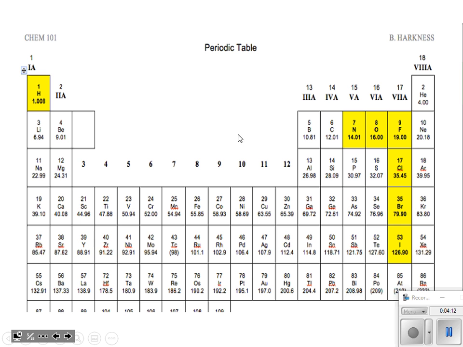Okay, so these make a 7. Boom, boom. And also, there are 1, 2, 3, 4, 5, 6, and hydrogen 7. So they start with the number 7, they make a number 7, and there are 7 of them. That is why we refer to these as the super 7. So we have hydrogen, nitrogen, oxygen, fluorine, chlorine, bromine, and iodine down on the bottom.